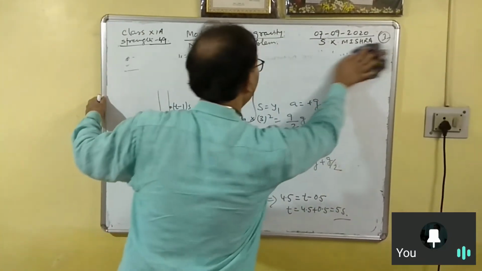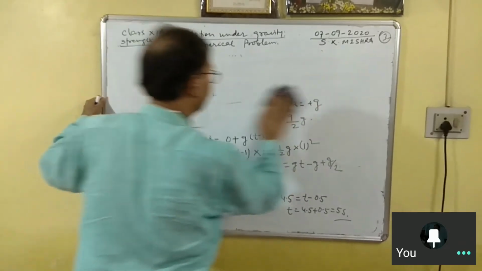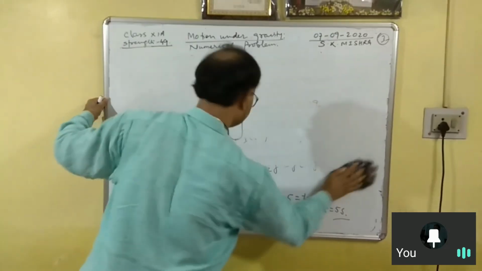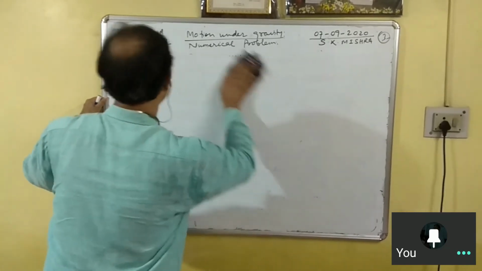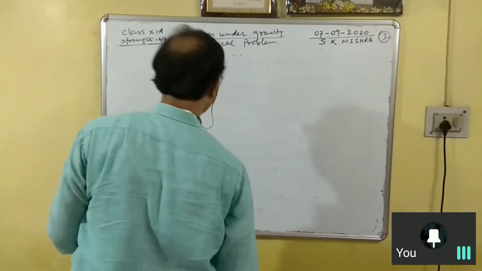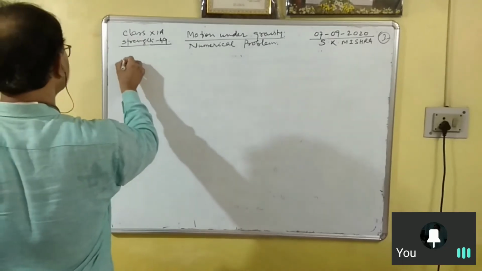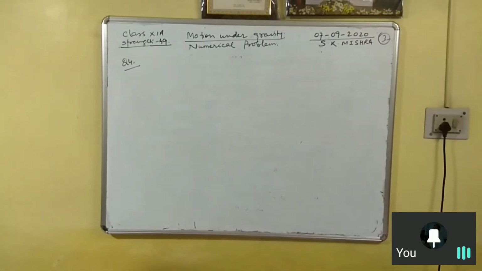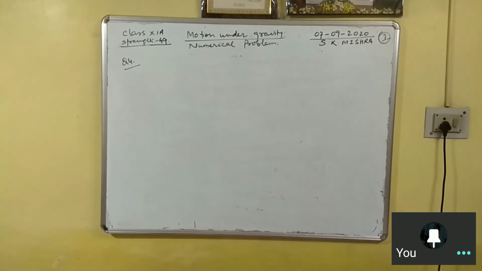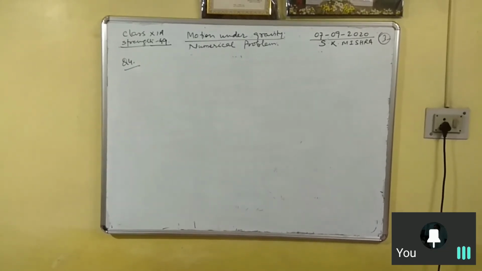question number 4. This question is also very important and interesting also. The question is: a stone is dropped from a balloon at an altitude of 300 meters.